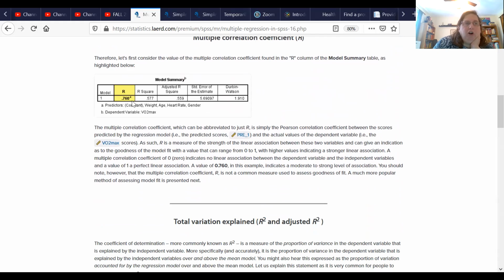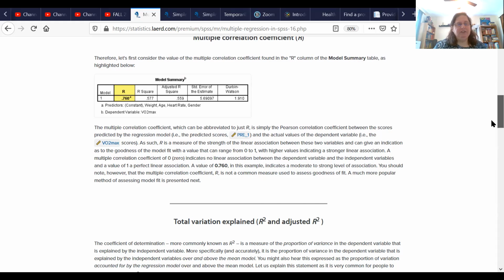Here we have our R, which looks very nice and healthy, and our R squared and our adjusted R squared. Remember, 1 would mean perfect association. We're at 0.76, which is a pretty strong level of association.